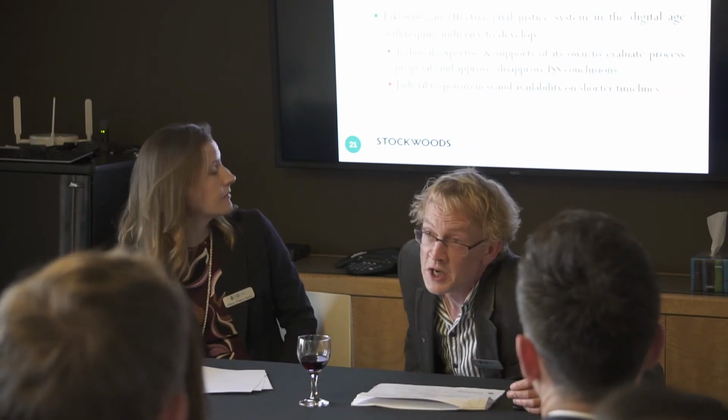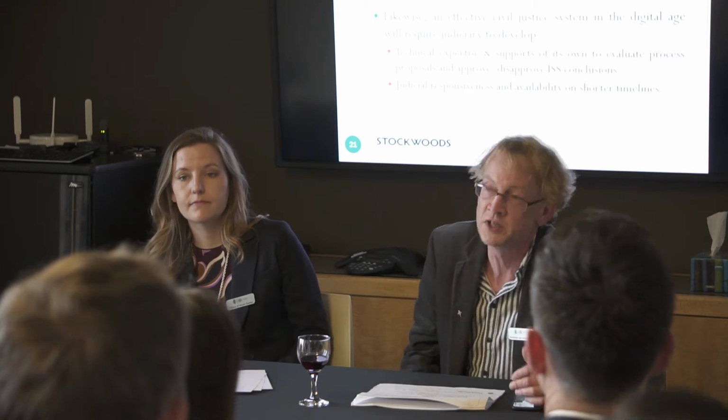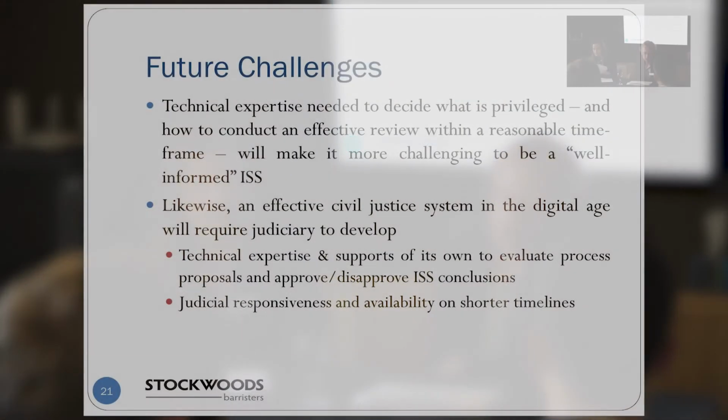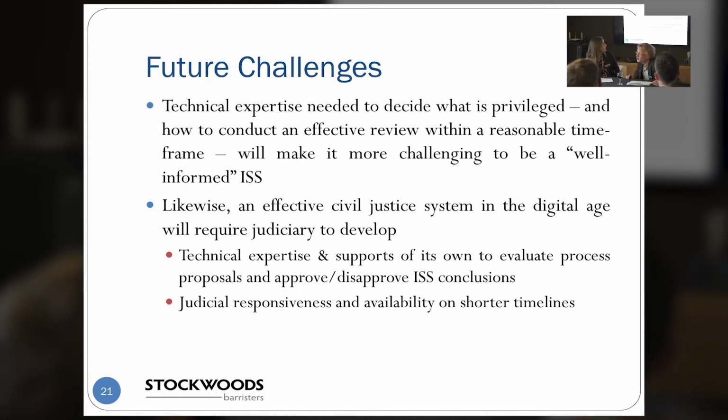We're going to see an increase, I think, in the need for technical expertise to decide what's privileged or irrelevant and should be kept out of the litigation for non-privileged reasons, how to conduct an effective review of that within some kind of reasonable time frame, and it's going to become more challenging to be a well-informed ISS that can manage that process with respect to electronic devices where more and more, if not all of the relevant material is now to be found in most business environments.